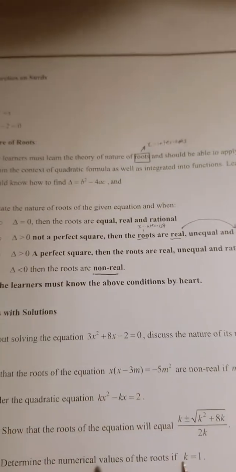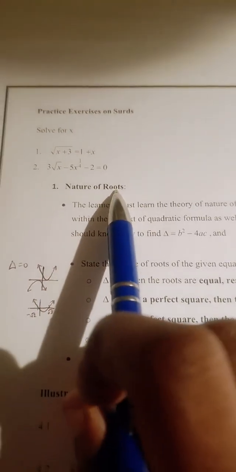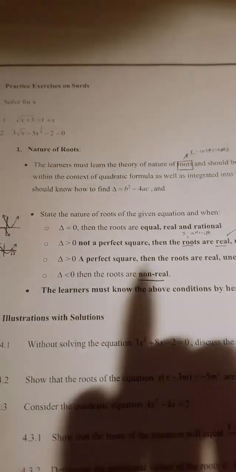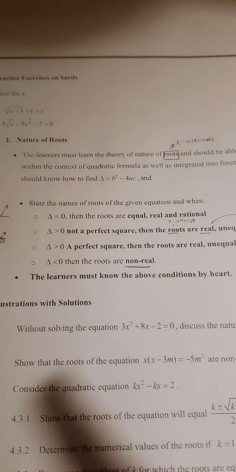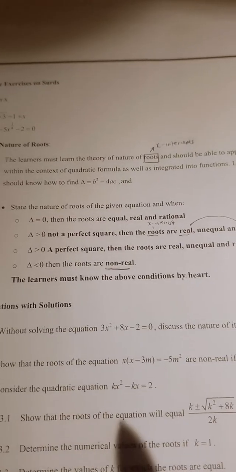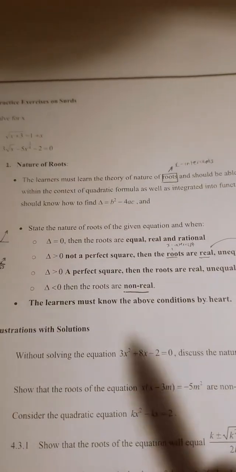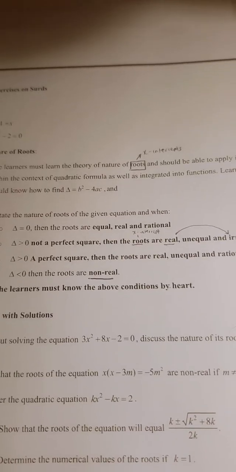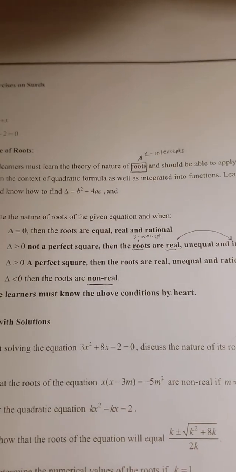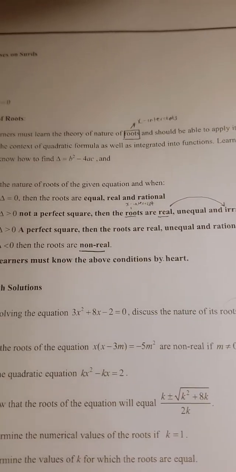That's why I am here. For those that don't know or may have forgotten about nature of roots, I'm trying to recall for you, so that you can be reminded of key things. Are we together? So if it's too fast, remember, some of you should know this. I'm bringing certain things that you should know to your remembrance.